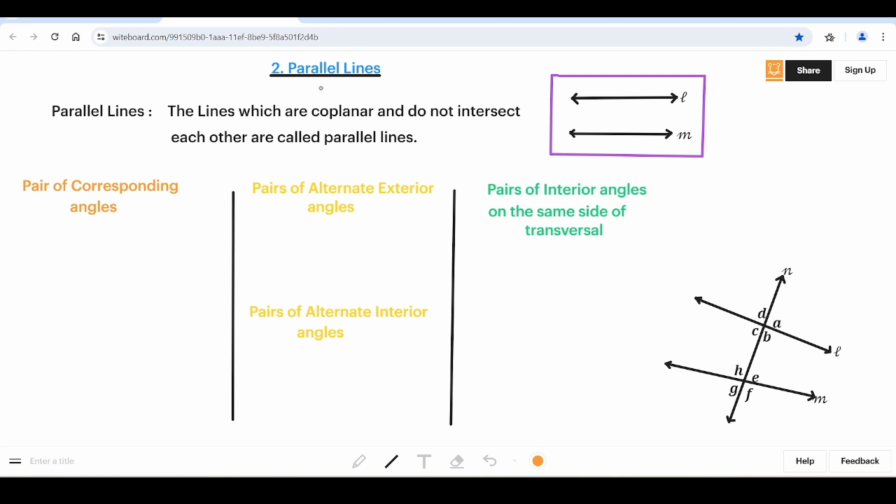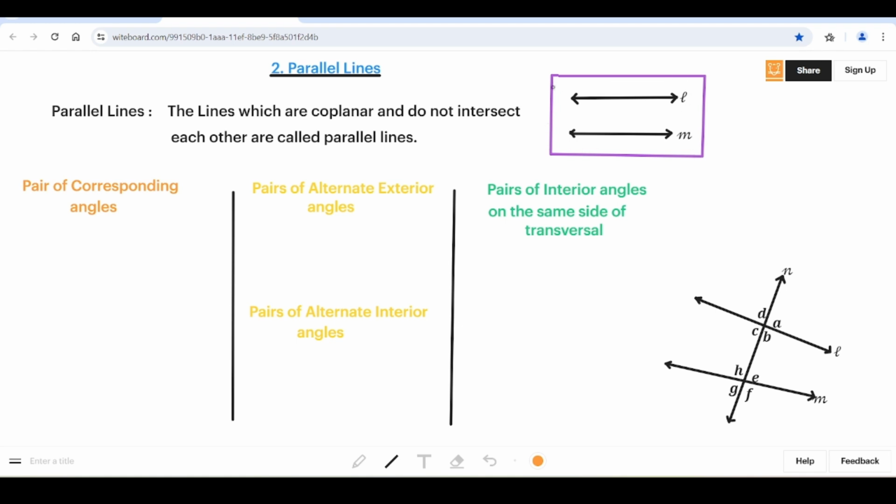So let's start. Parallel lines. The lines which are coplanar and do not intersect each other are called parallel lines. Coplanar means the lines which are in a single plane, meaning they both have a common plane. For example, I have drawn one figure here.